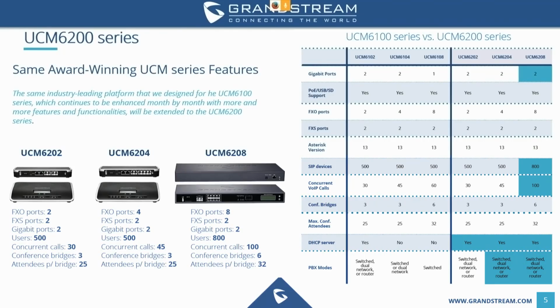You see the concurrent calls below SIP devices, anywhere from 30 up to 100. For example, the 6202 will give you 30 concurrent calls, the 6204 will give you 45, the 6208 100, 6108 60. So that's really the main point of differentiation for those devices.